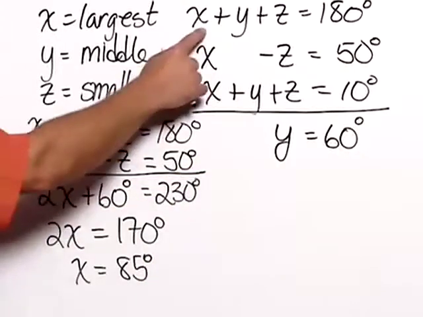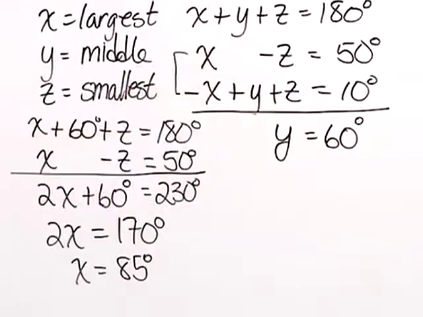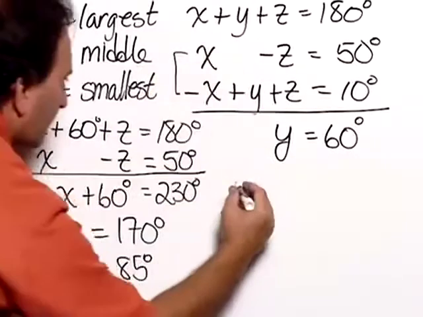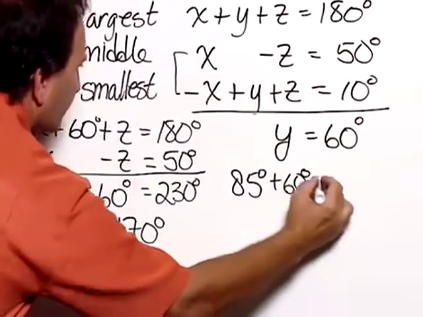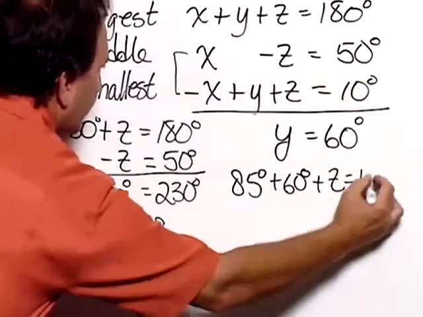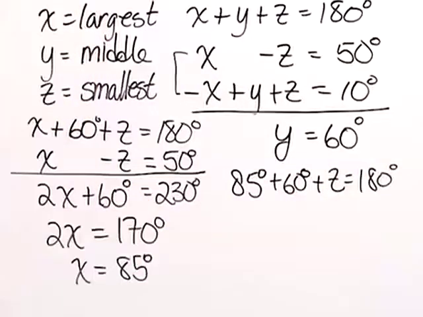We can substitute in to this equation for both x and y to calculate z. So x is 85 degrees plus y, which is 60 degrees, plus z, and that equals 180 degrees. 85 plus 60 is 145.